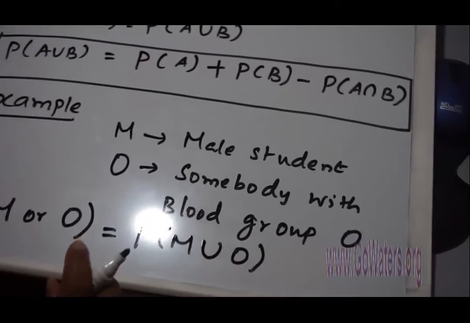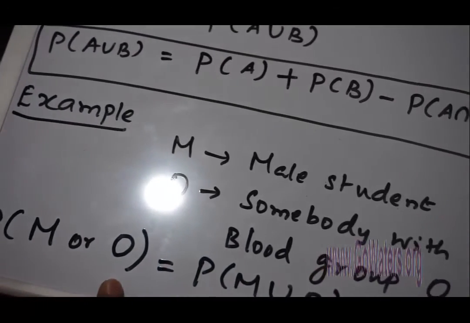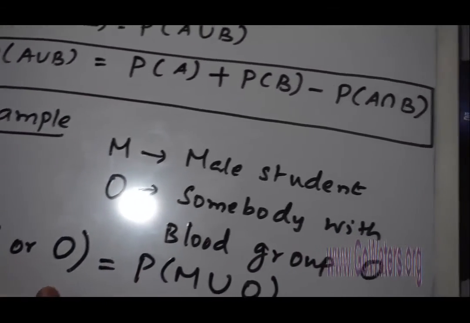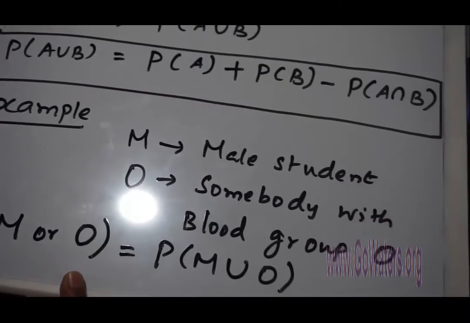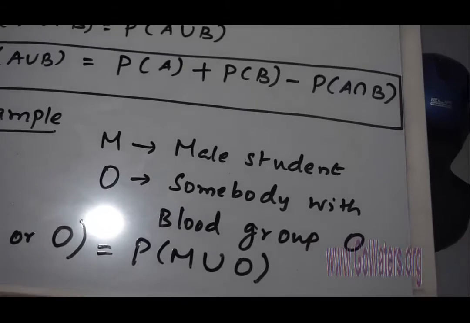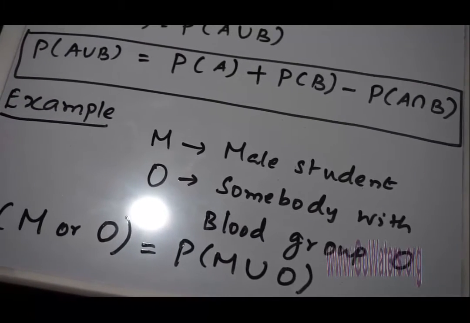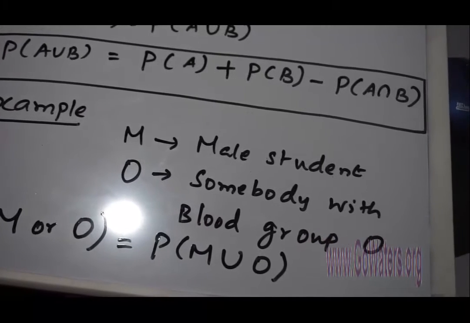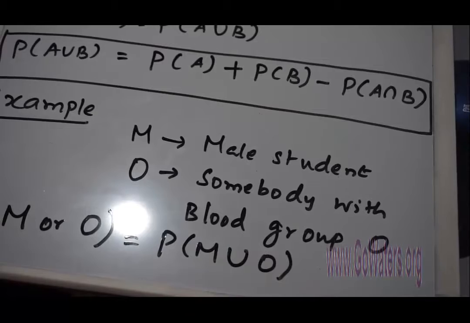So now you answer me, a male student and someone with O, is it mutually exclusive or non-mutually exclusive? Of course it is non-mutually exclusive, because I myself am a male with blood group O. So there is a possibility that a male student can have O positive or O blood group.